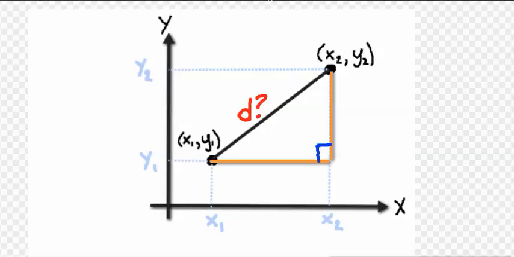So if we wanted to find the length of this leg, all you need to do is take x2, which is this length here, and remove this much of it. Okay, so this much needs to be gone. And then all you have left is a distance that's the same as this bottom leg here.